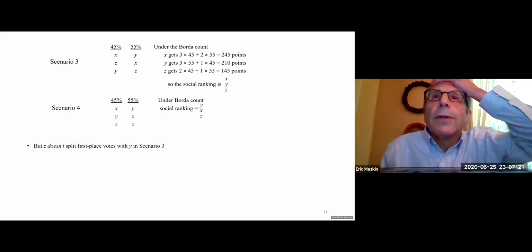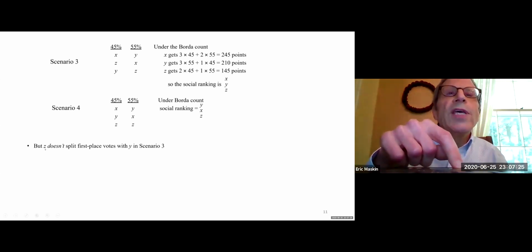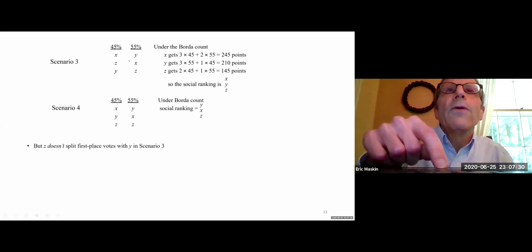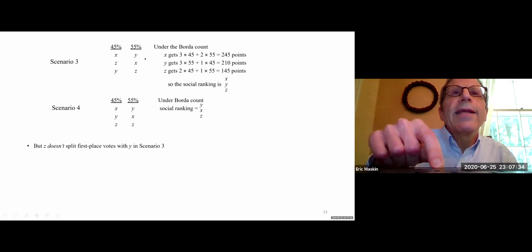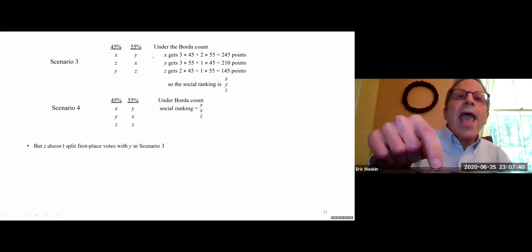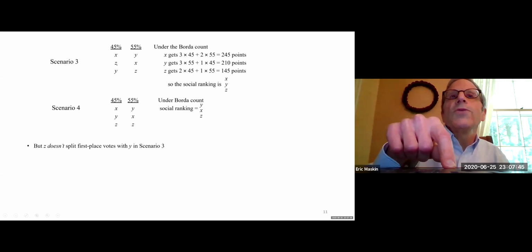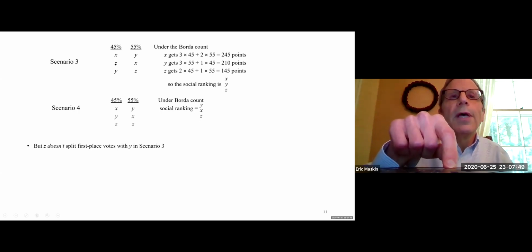Well, it's harder to make the argument that Z is a spoiler in scenario 3, because notice that in scenario 3, Z doesn't split any first place votes with Y. Z is at best ranked second.